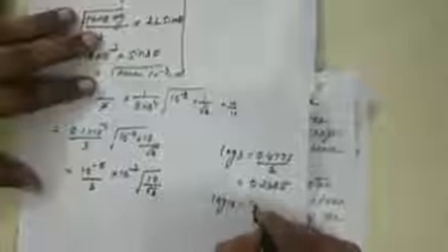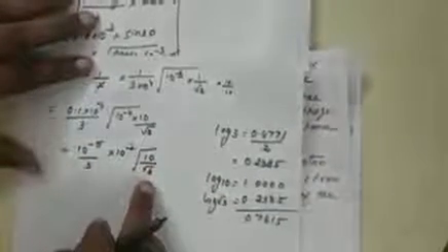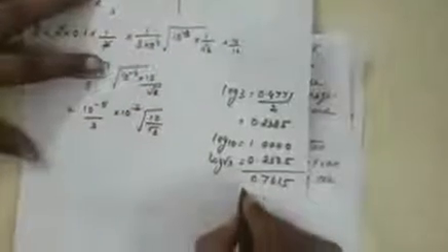Log of 10 is equal to 1.0000 and log of root 3 is equal to 0.2385. Then subtracting, 0.7615. We are calculating log of 10 divided by log of root 3 and another root we are having. For that purpose, I am going to divide this, which is equal to 0.38075.